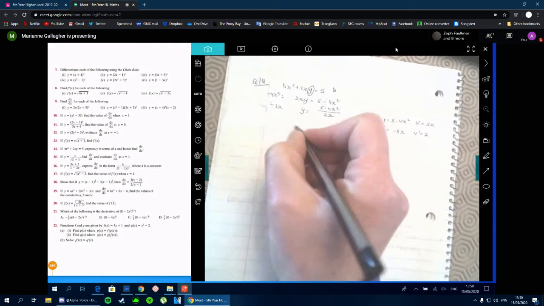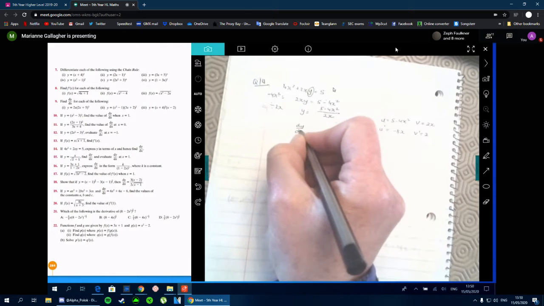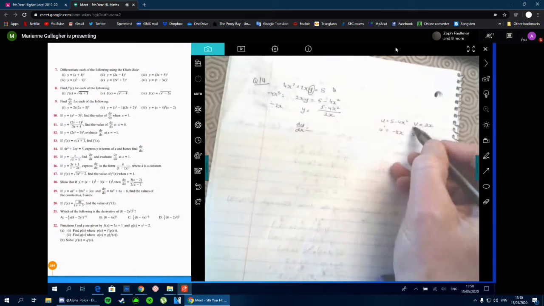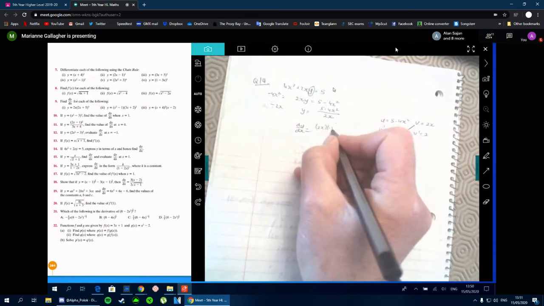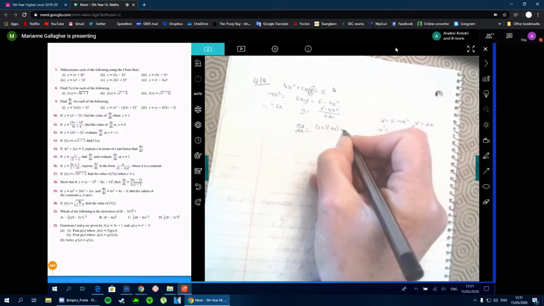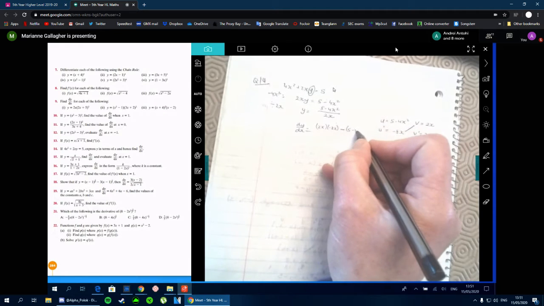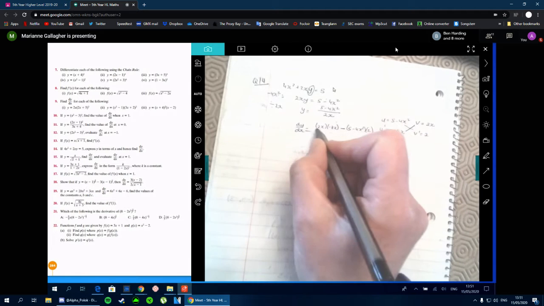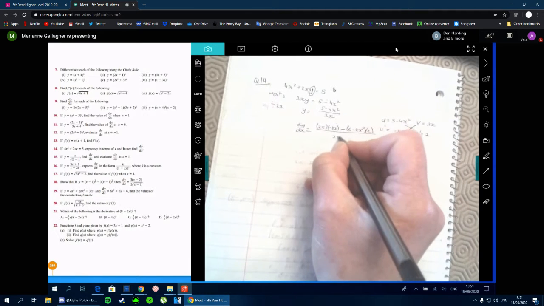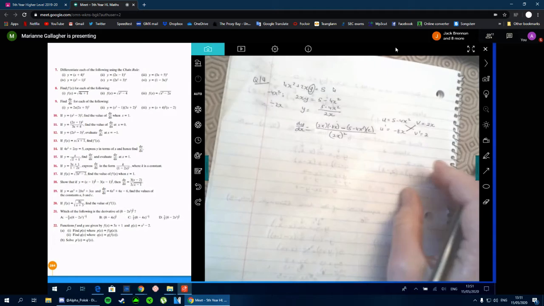Our formula for the quotient rule tells us dy/dx is v u prime, which is 2x by negative 8x, minus u by v prime, which is these two, all over v squared, which is 2x in brackets squared.